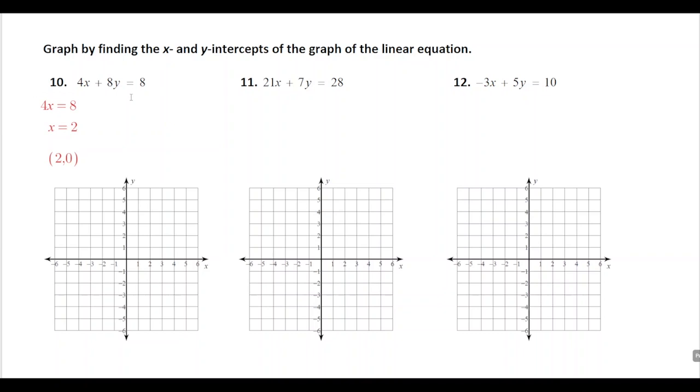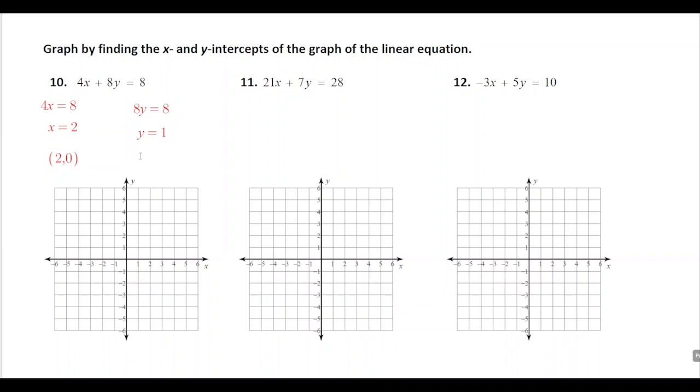To find the y-intercept, I'll do something very similar here, and that is to plug in 0 for x and then solve for y. So if I plug in 0 for x here, that's going to leave me with 8y equals 8. And dividing both sides by 8 is going to give me y equals 1.